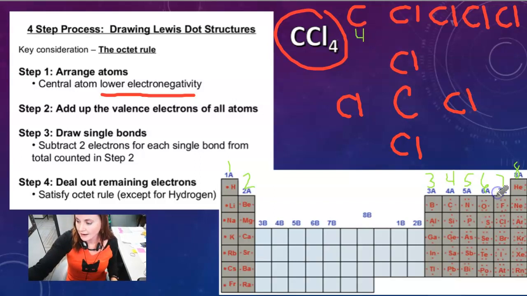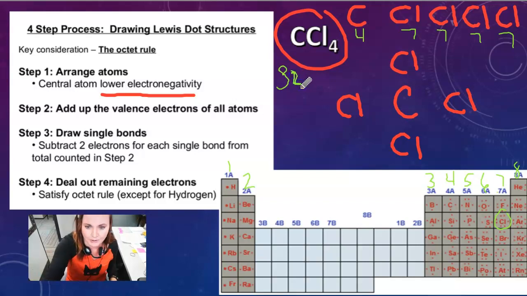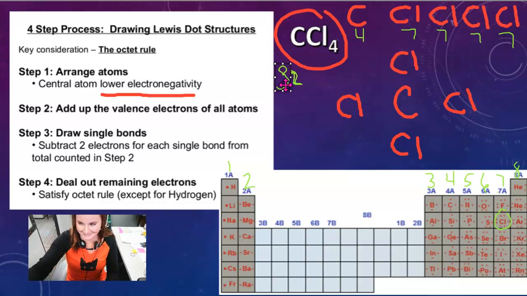Chlorine has 7. So I have to add all of those up. 7 plus 7 plus 7 plus 7 plus 4. 28 plus 4 is 32. So there's 32 total electrons here. Really poorly written 32. Let me try that again.